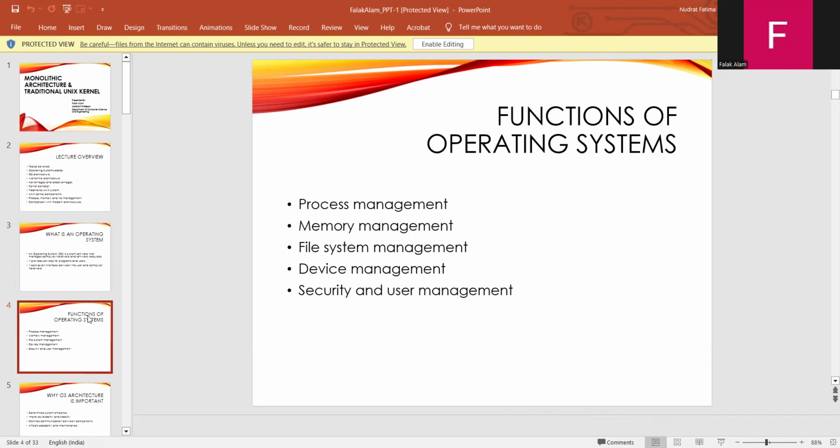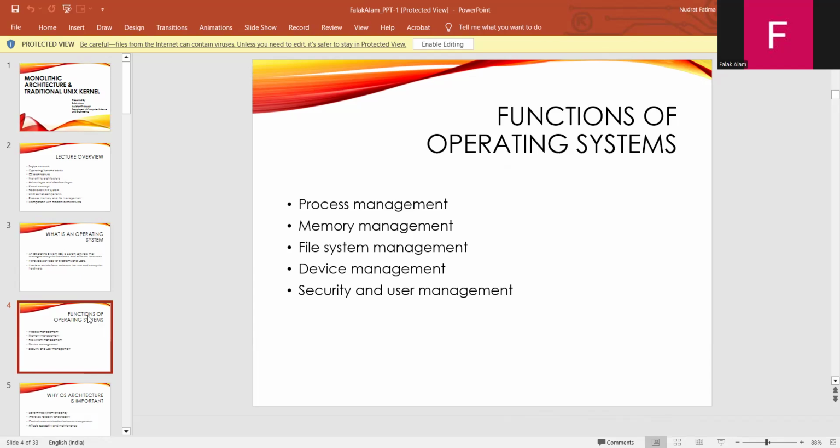Now moving to file system management, the operating system organizes data into files and directories. As we all know, the operating system manages and organizes the data into files and different directories, which allows users to create, delete, modify, and access files stored on the disk.